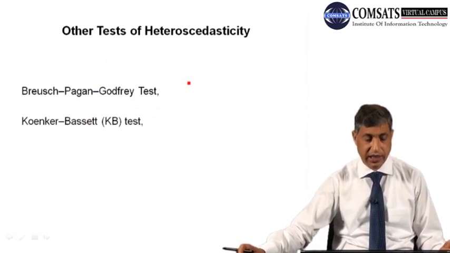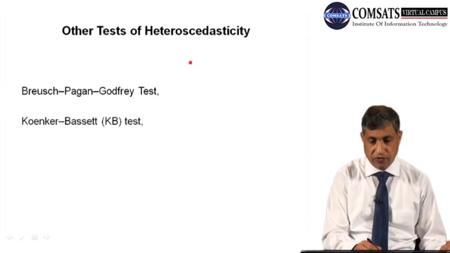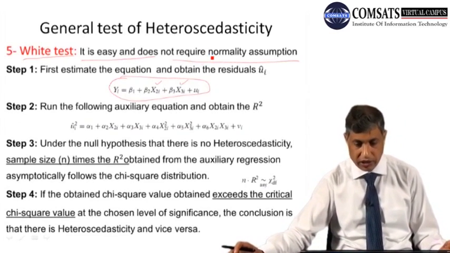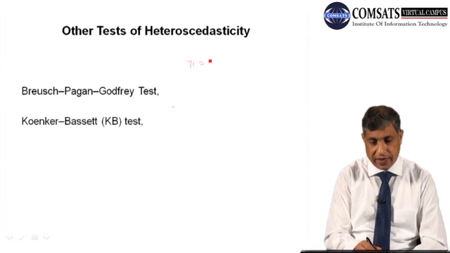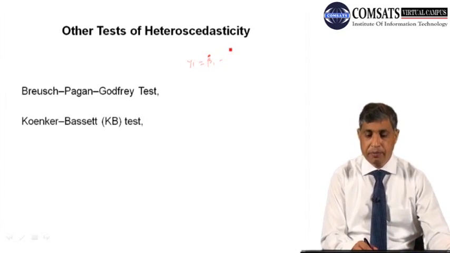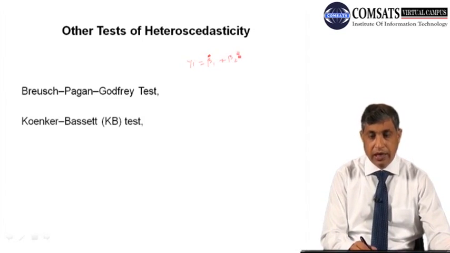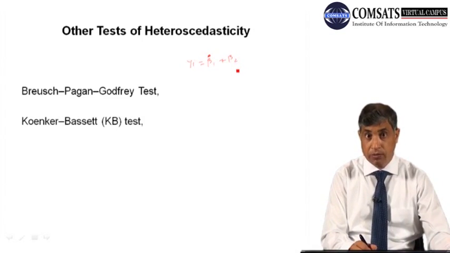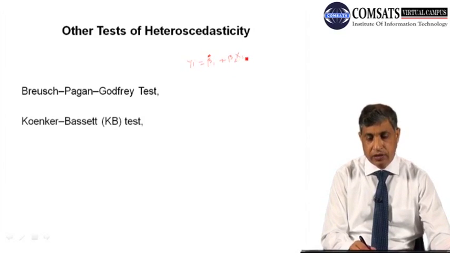So Yi is equal to beta 1 plus beta 2 X2i plus beta 3 X3i plus ui.